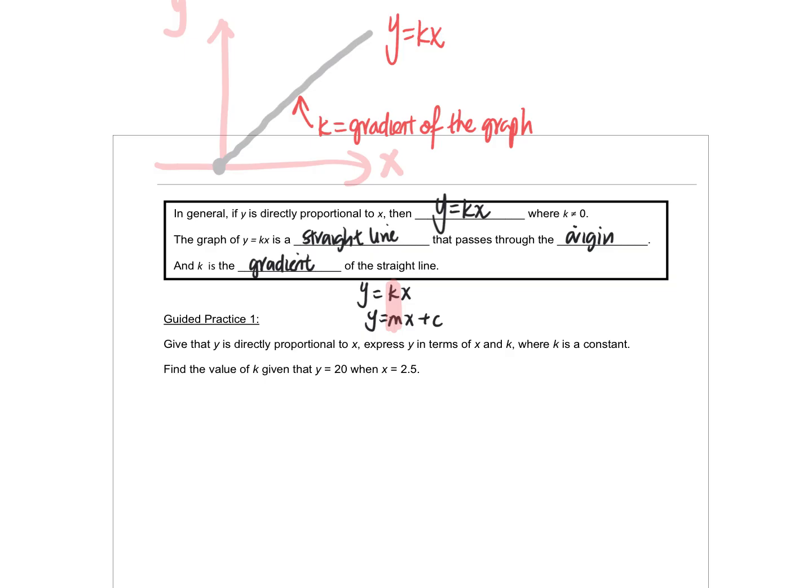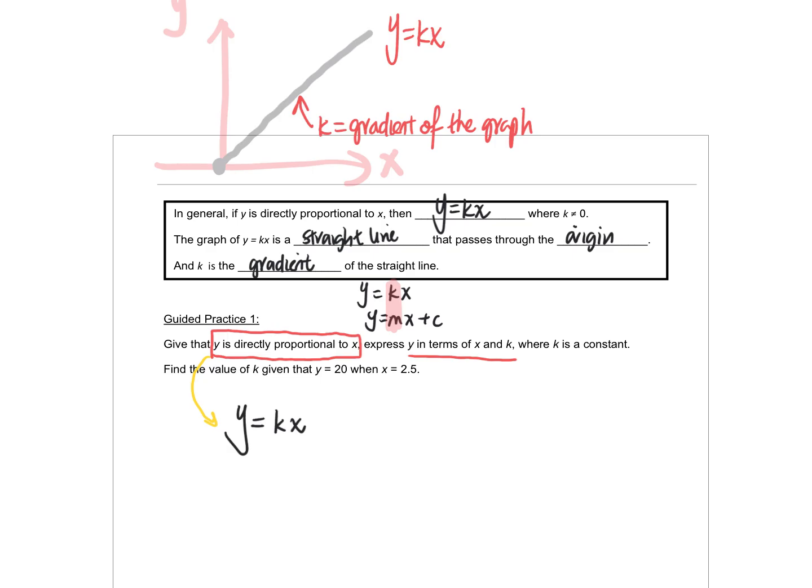Okay? So now is the real secondary school problem that you will see. It will tell you that y is directly proportional to x. Then they say, can you express y in terms of k and x? So just now we already said if they are directly proportional, you can straight away write y equals to kx, because these are the two variables and it's related by k.